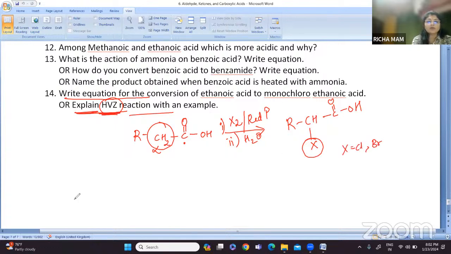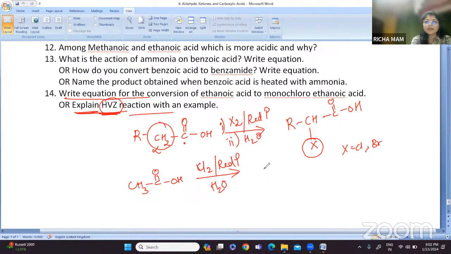Now, if I want to prepare monochloroethanoic acid from ethanoic acid, which is nothing but acetic acid, you have to treat it with X2. So I take Cl2 in the presence of red phosphorus, and treat it with water.